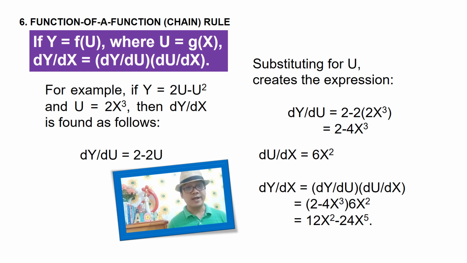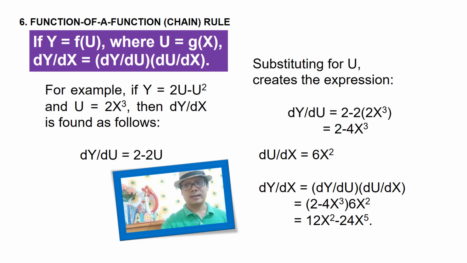Substituting for u creates the expression dy over du equals 2 minus 2 times 2x cubed equals 2 minus 4x cubed. du over dx equals 6x squared. dy over dx is equal to dy over du times du over dx equals 12x squared minus 24x to the fifth.